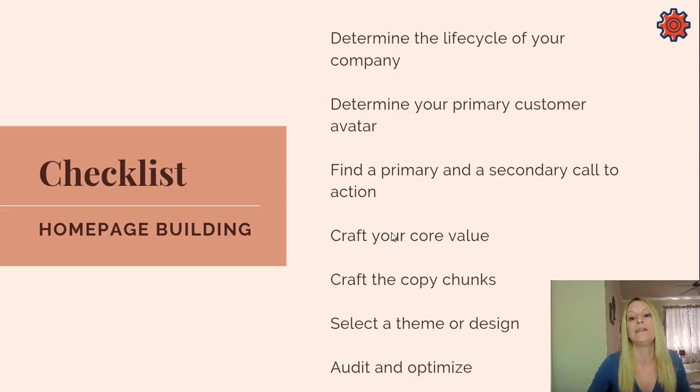Craft the copy chunks, what I told you, and we're going to go through what's in it. Select the theme or design, and lastly we're going to audit and optimize this landing page. So let's start with the elements and go deeper.